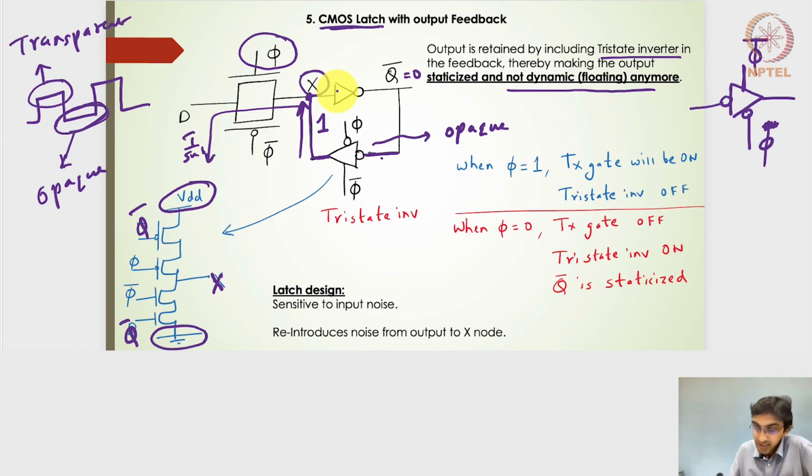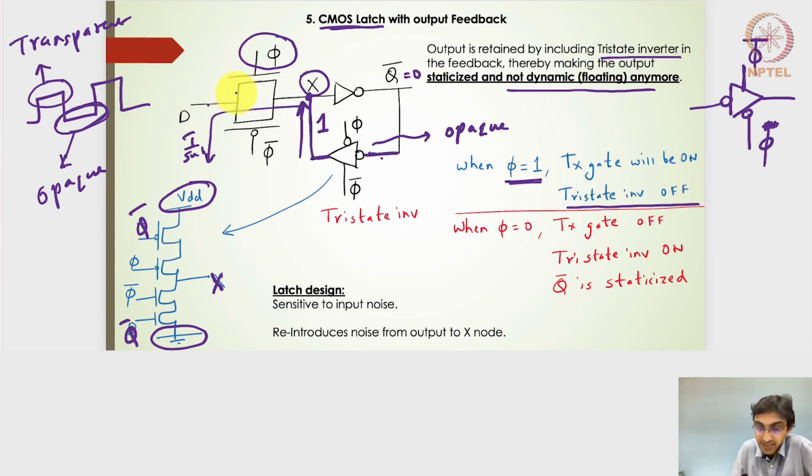And just to summarize, when phi is equal to 1, the transmission gate will be on and passing the input to the X node and then to the Q bar output. So it works like a transparent mode, or a transparent operation. And the tri-state inverter will be off.